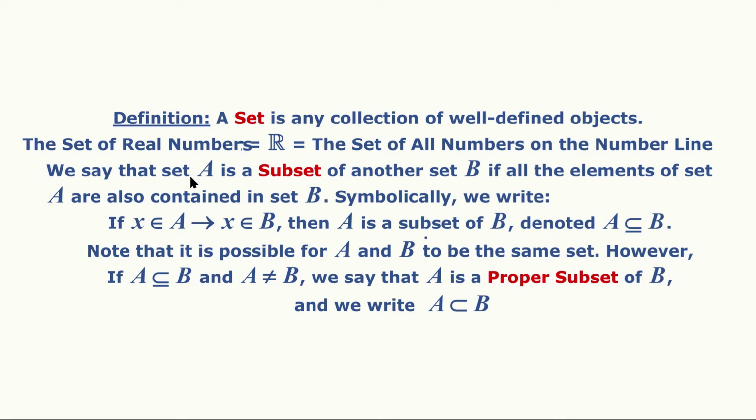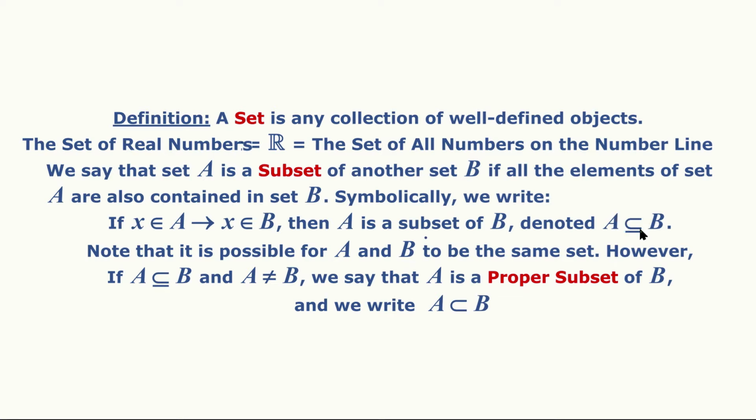Now we say that a set A is a subset of another set B if all the elements of set A are also contained in set B. Symbolically, we write: if x in A implies that x is also in B, then A is a subset of B, denoted by this notation.